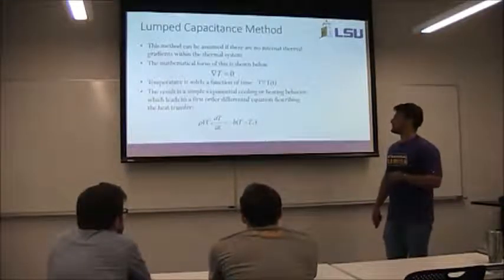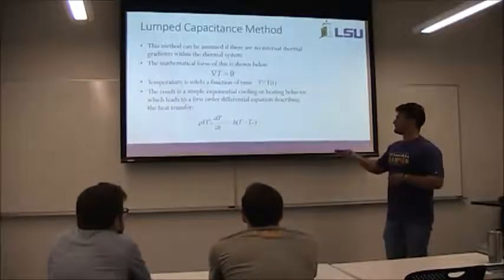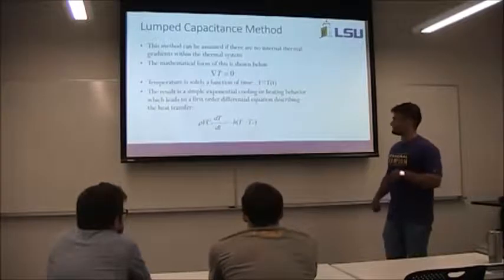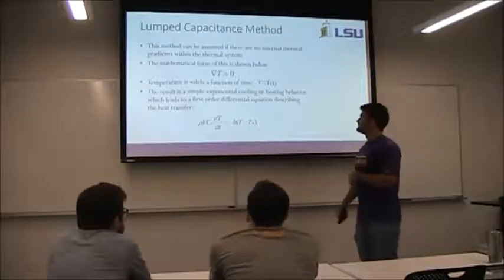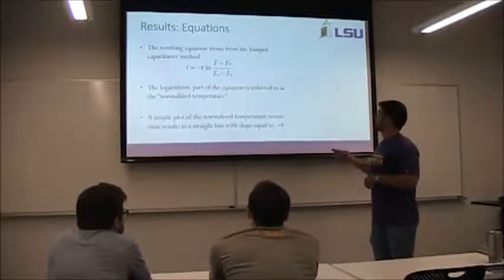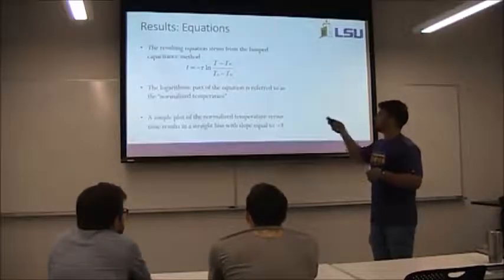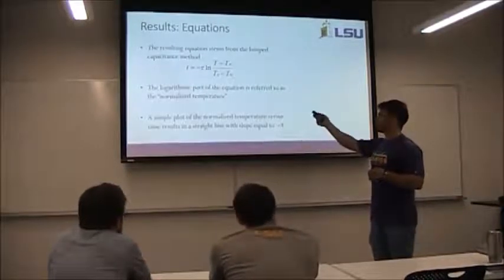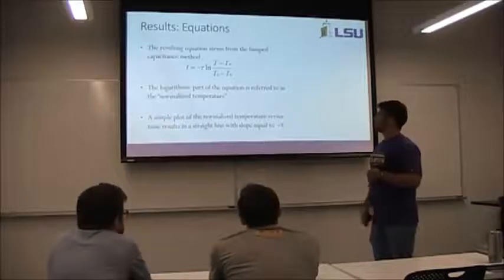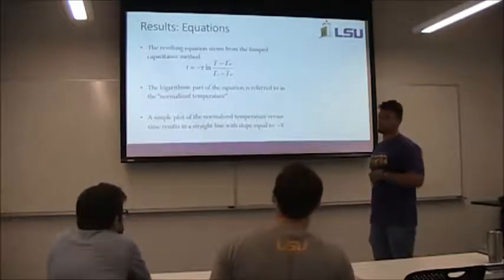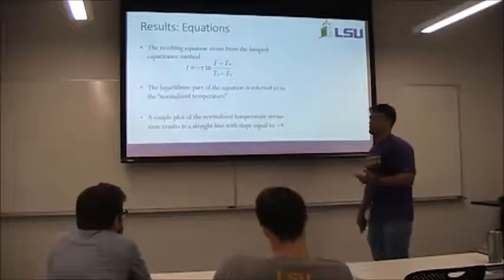We learned this in instrumentation, and we've been encountering this equation all the time with the lump capacitance. This is coming from that lump capacitance method, but you're just using the logarithmic part and normalizing the temperatures to get that time.